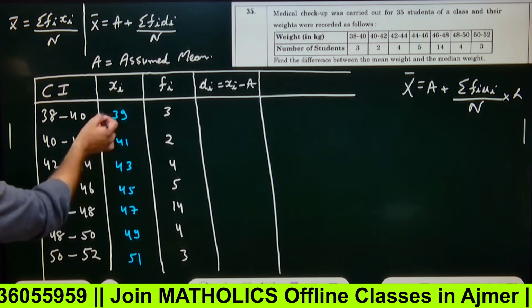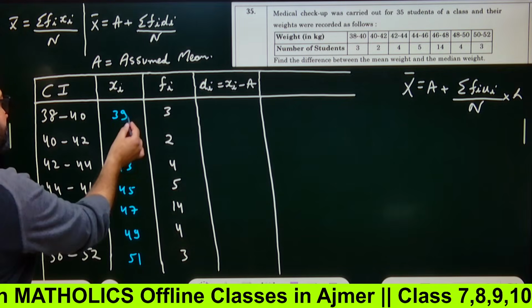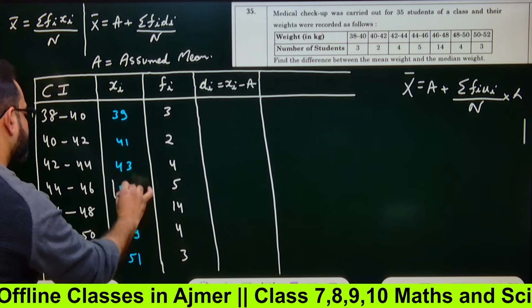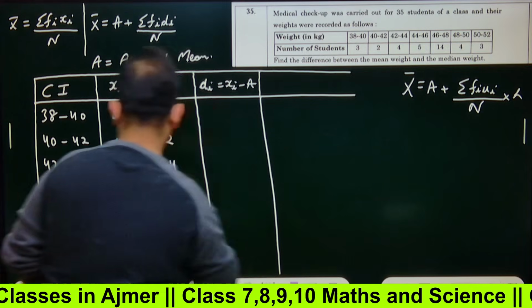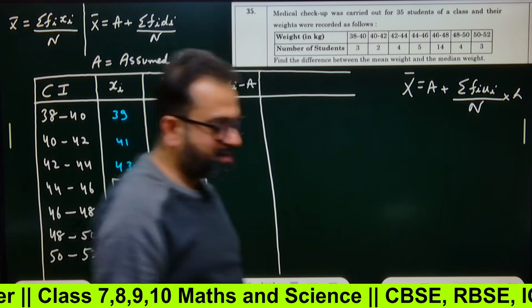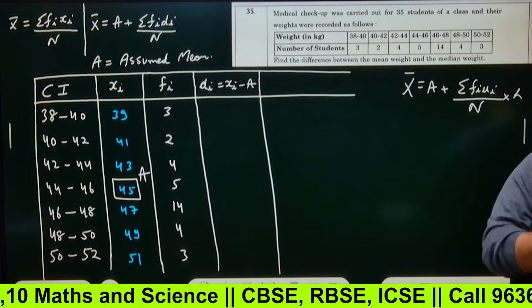Assumed mean means count the values 1, 2, 3, 4, 5, 6, 7. Take the midpoint of this, 45: 3 down, 3 up. This is the required assumed mean. Capital A is the assumed mean which we are concerned about.